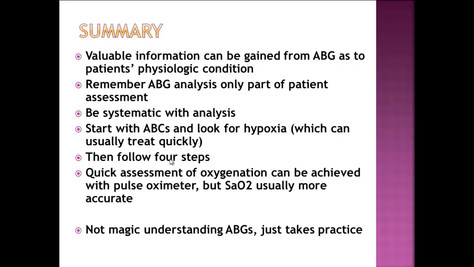Then when we're done with that, we will look at the oxygenation and try to determine what is going on with that status so that we can correct any problems there, bearing in mind that the acidosis and the alkalosis of the blood will affect how effective we are with giving oxygen to the patient.